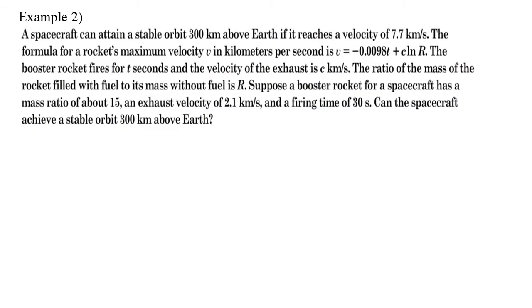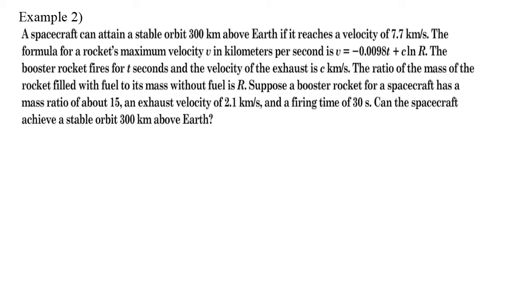A spacecraft can attain a stable orbit 300 kilometers above Earth if it reaches a velocity of 7 7/10 kilometers per second. The formula for a rocket's maximum velocity v in kilometers per second is v equals negative 98/10,000 t plus c natural log of r. The booster rocket fires for t seconds, and the velocity of the exhaust is c kilometers per second.